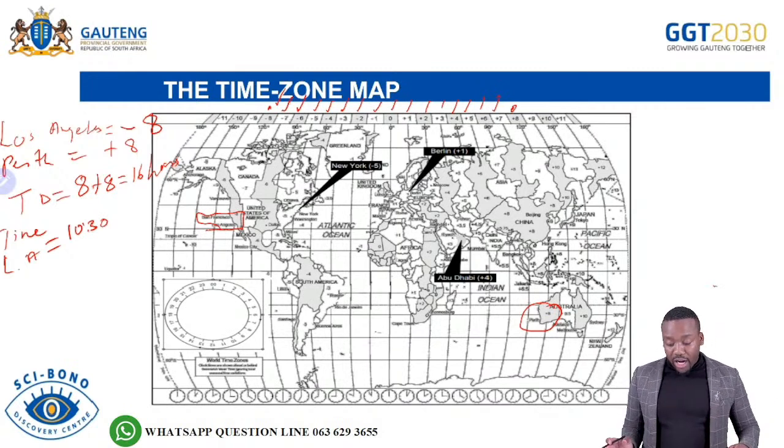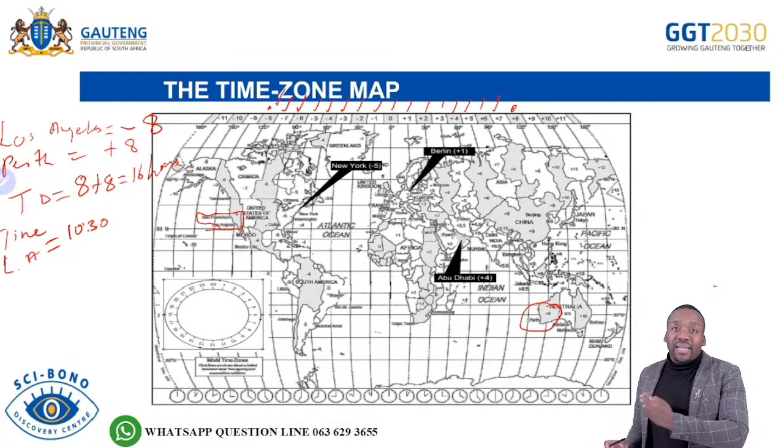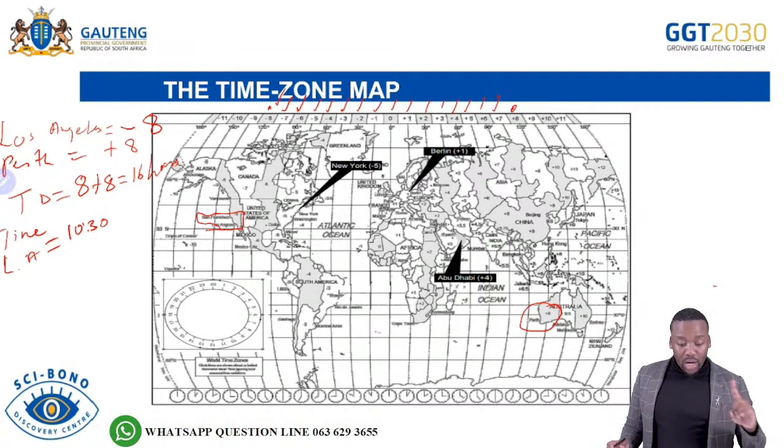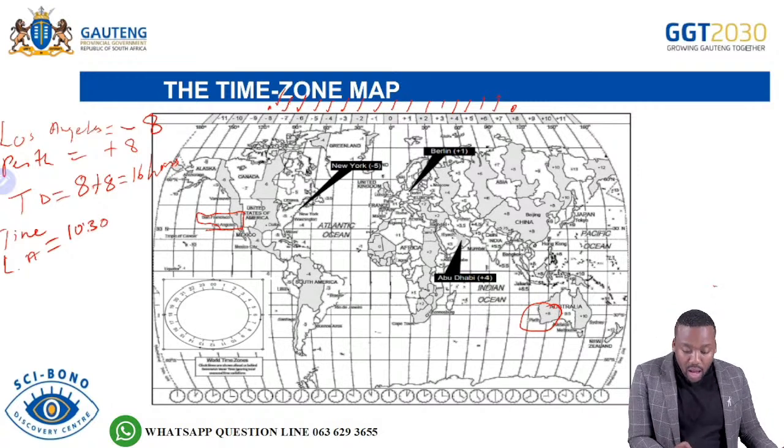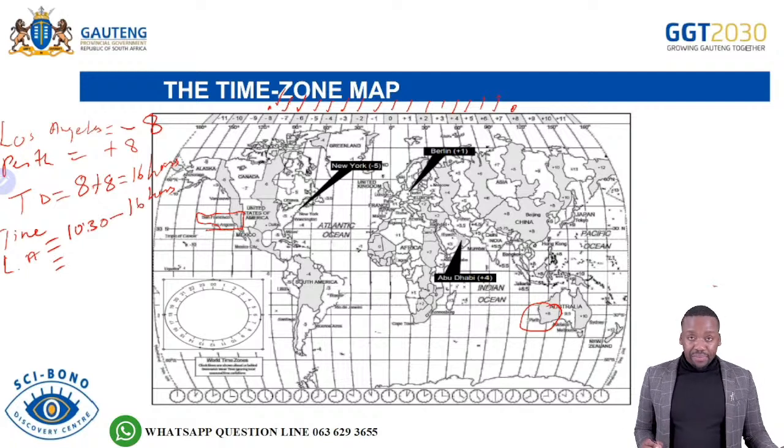Where is my known time? Our known time is Perth, meaning it is 10 hours 30 in Perth. What is our unknown time? It is the time in Los Angeles. Los Angeles is on the left of Perth. Therefore, what are we going to do? Then we will say 10 hours 30 subtract 16 hours to get our answer.